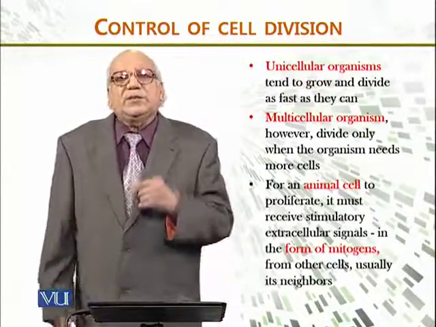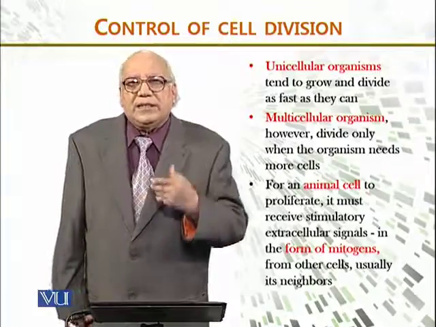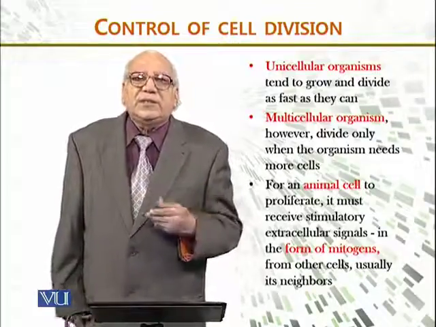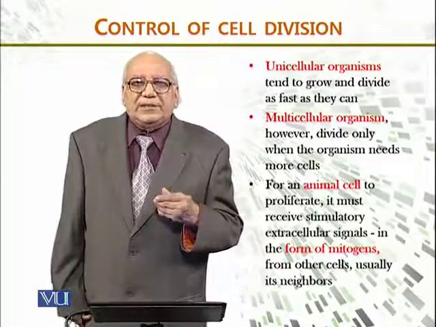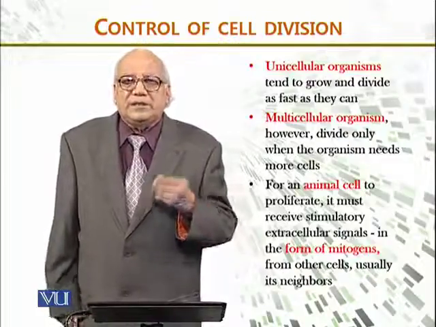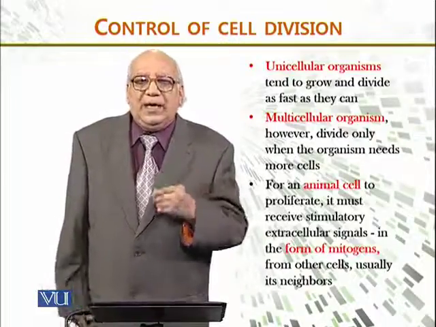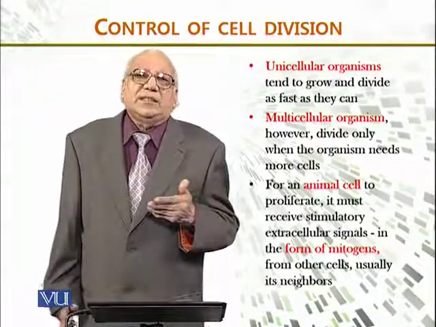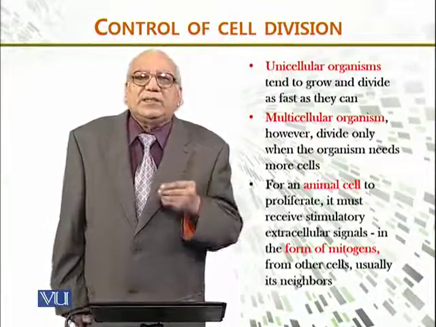Now, there are different types of organisms. Unicellular organisms like bacteria, yeast, and the like tend to grow and divide as fast as they can. उनमें कोई इतना कंट्रोल नहीं है.